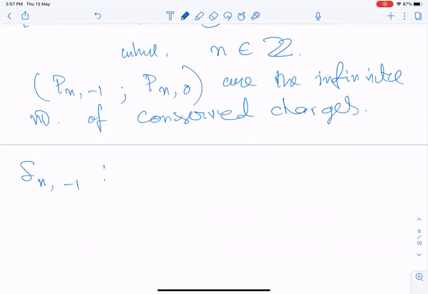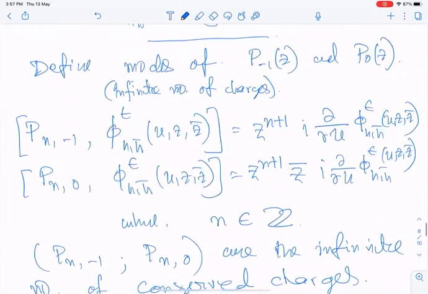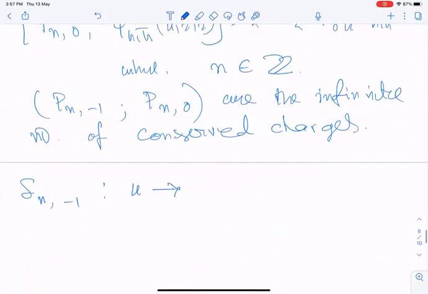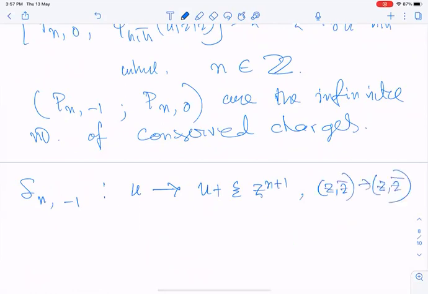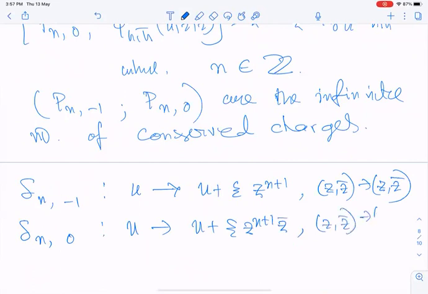That generates the global transformation. P n minus 1 is this z to the power n plus 1, so u goes to u plus some small number xi times z to the power n plus 1, and z, z bar remain unchanged. Similarly, delta n comma 0 generates the transformation where z bar and z, z bar do not change.